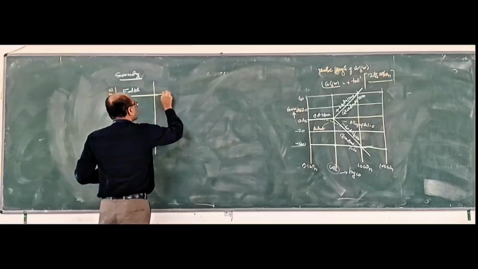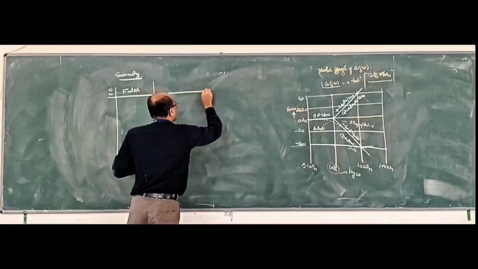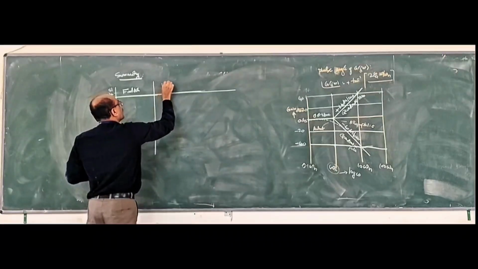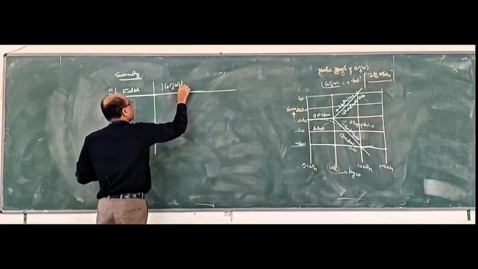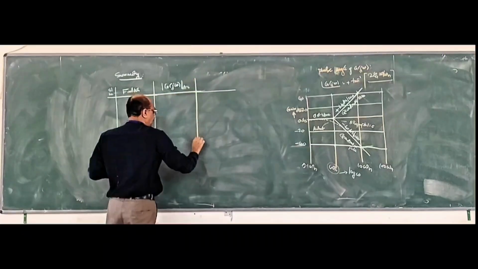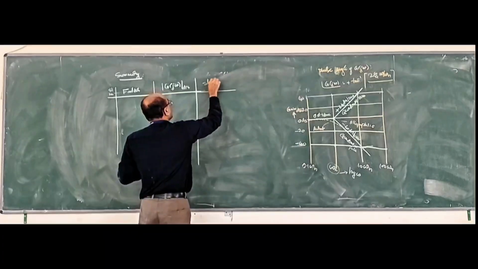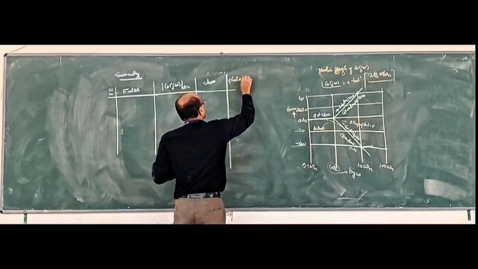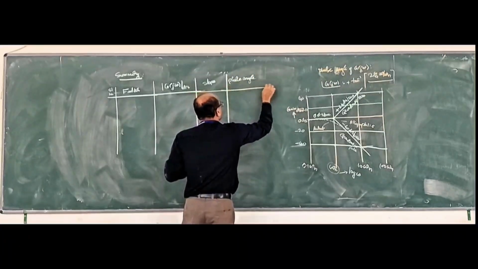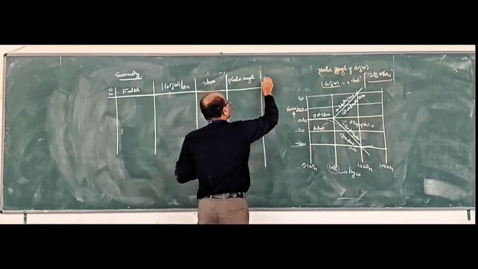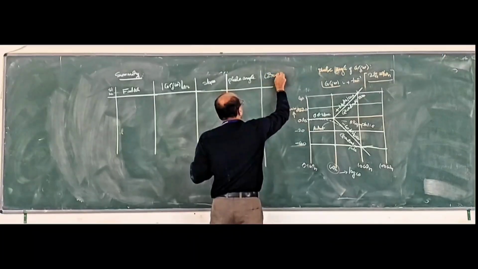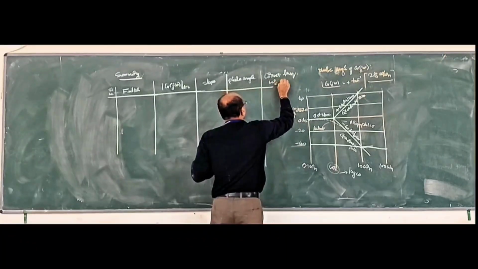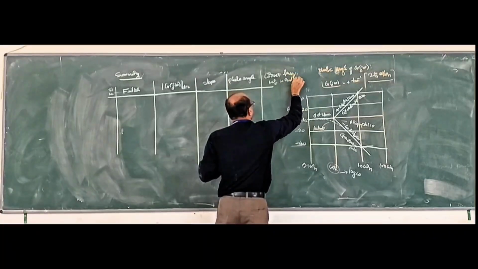I have what is known as factors: gain in dB, slope, phase angle, corner frequency omega c in radians per second.